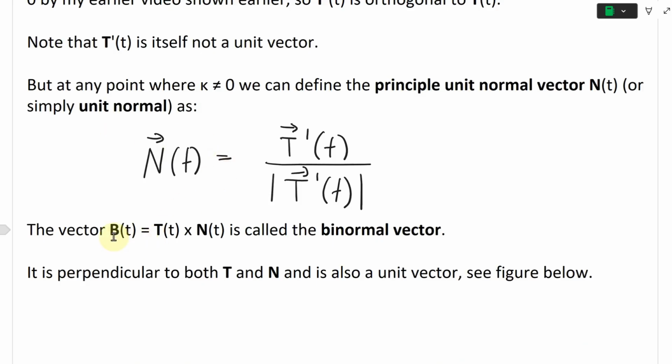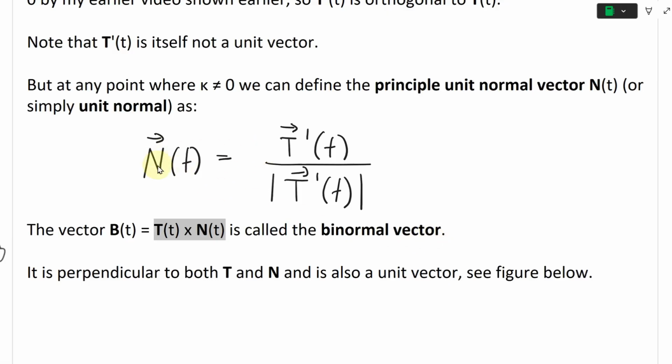Now if we take the cross product of these two, we'll call that capital B, and the cross product is always going to be 90 degrees from these two terms. So the cross product of the unit tangent vector with the principal unit normal vector, which I'll just call the unit normal, is called the binormal vector.